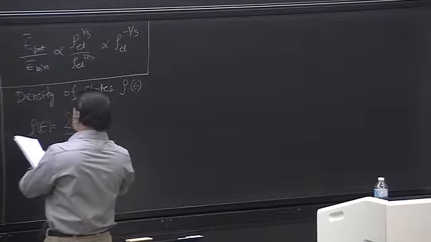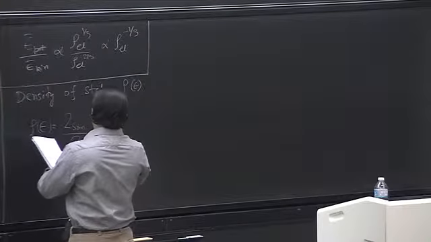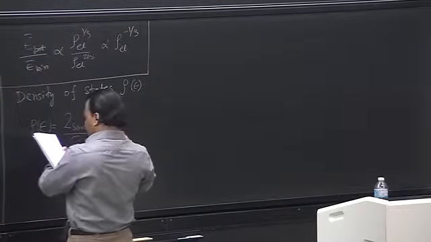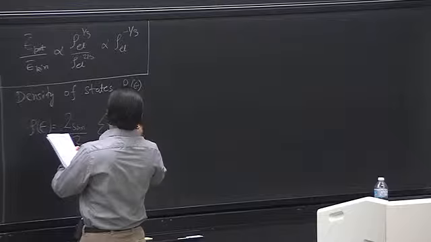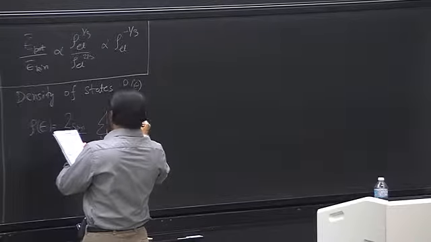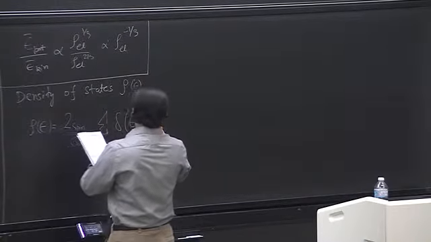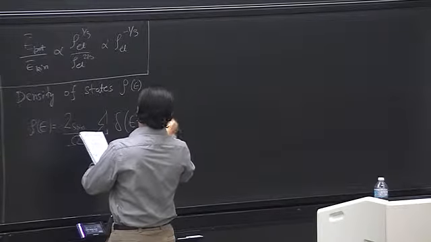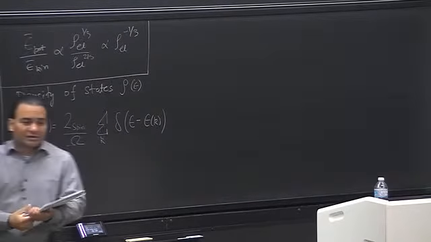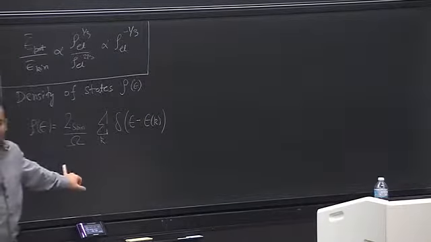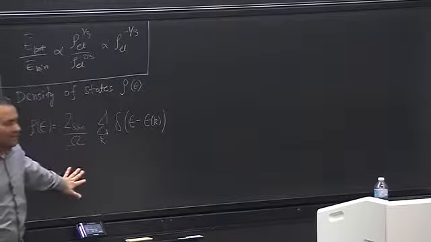So we have 2 for spin, 1 over the volume omega, sum over k, delta function of E minus E_k. This is the definition.